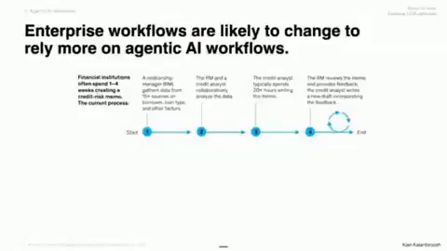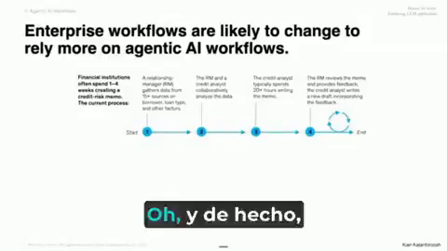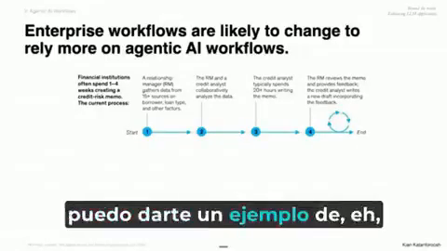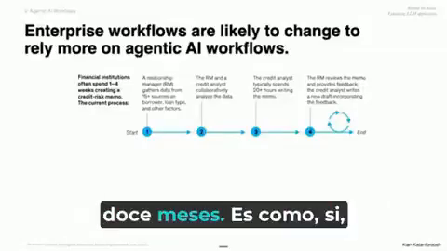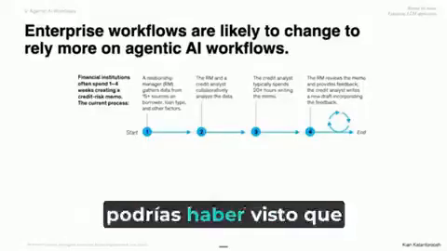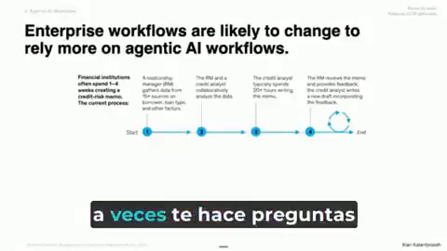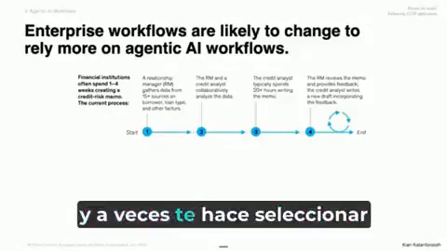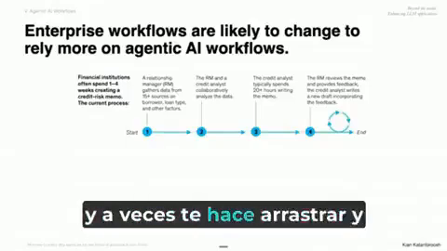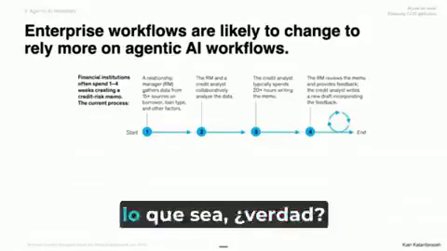Actually, I can give you an example from Workera that we learned over the last 12 months. If you've used Workera, you might have seen that the interface sometimes asks you multiple choice questions, and sometimes multiple select, and sometimes drag and drop, ordering, matching, whatever.